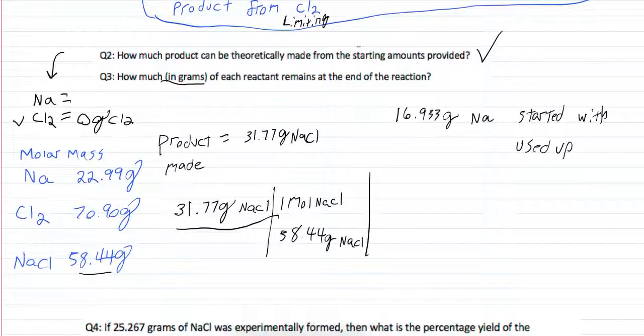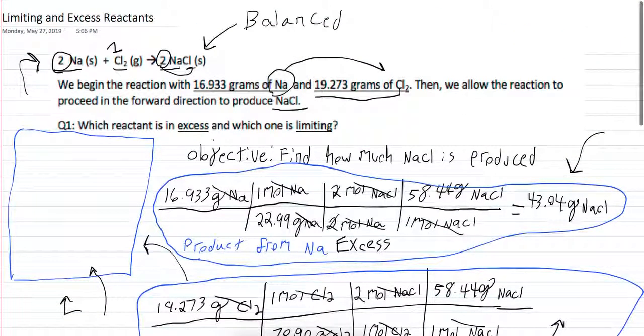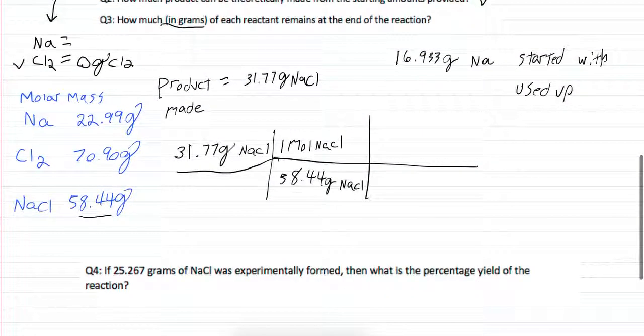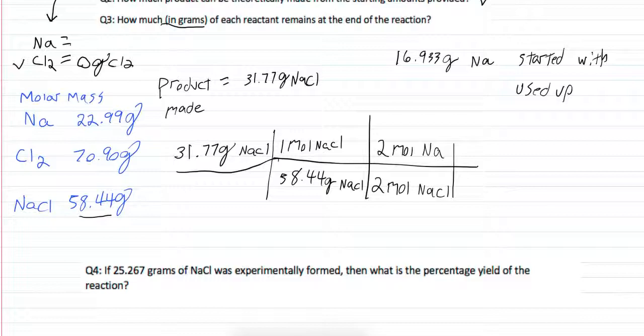If you look back at our lovely balanced equation, we see that we needed 2 moles of Na to produce 2 moles of NaCl. For every 2 moles of NaCl, we need 2 moles of Na. Now we need to convert that back into grams.